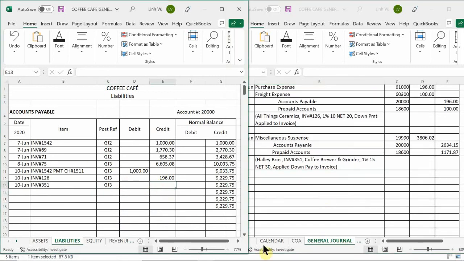And we're going to increase my liability because I didn't pay this, for $2,634.15. So that should increase your accounts payable to $11,863.90. Okay.